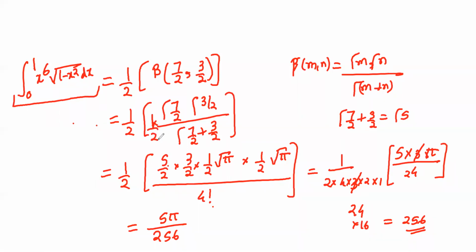Please check it out. Yes, perfect. So it's not 256, it is how much? 384. Perfect. The book I am referring to has given 5 pi upon 256, so their answer is also wrong. So 5 pi upon 384 is the correct answer.